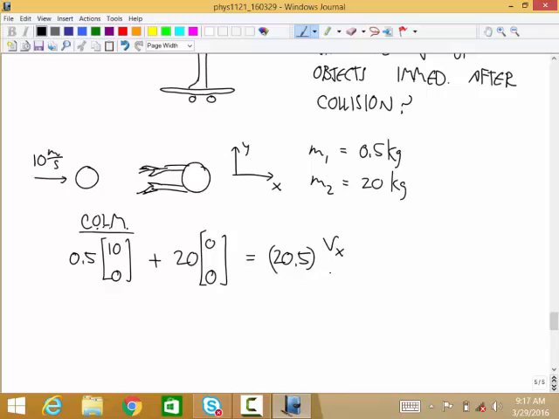So we'll write it as Vx0. And from that we get one useful equation that says 5 plus 0 is equal to 20.5. Whoops, erased it. I did that like it's inelastic.